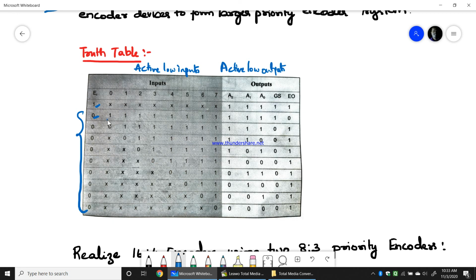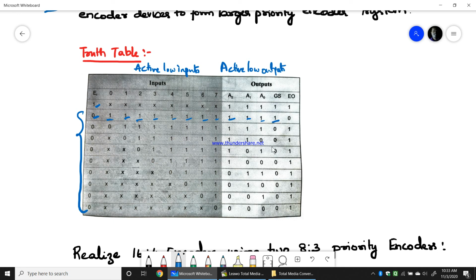Now when all are 1s, when from 0 to 7 all are 1s, it means that the output is 1 1 1, which means it is 0 0 0. So this says no input lines are active because all are 1s. All are 1s means no inputs are active.